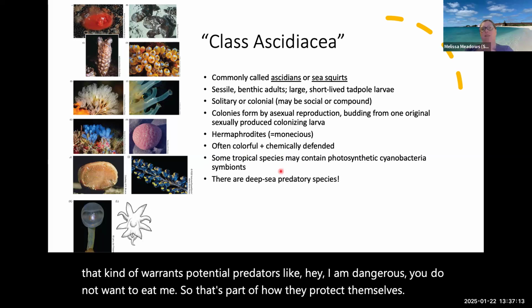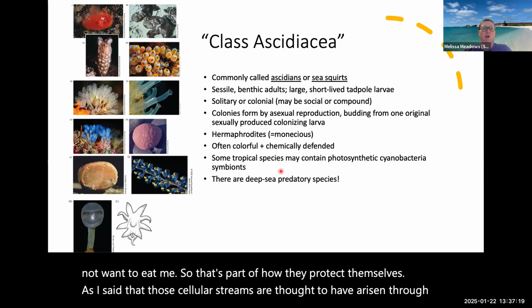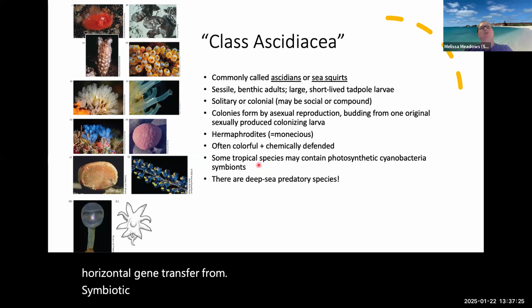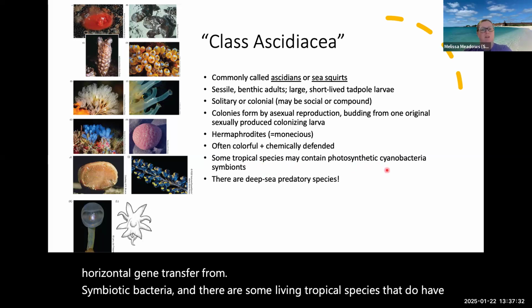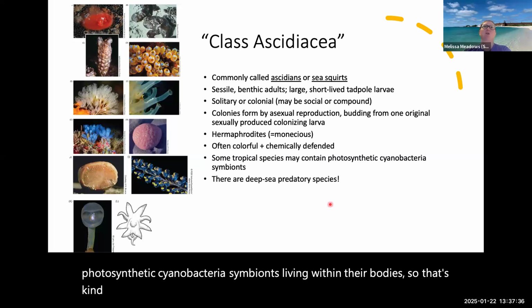As I said, those cellulose genes are thought to have arisen through horizontal gene transfer from symbiotic bacteria. And there are some living tropical species that do have photosynthetic cyanobacteria symbionts living within their bodies. So that's kind of cool.